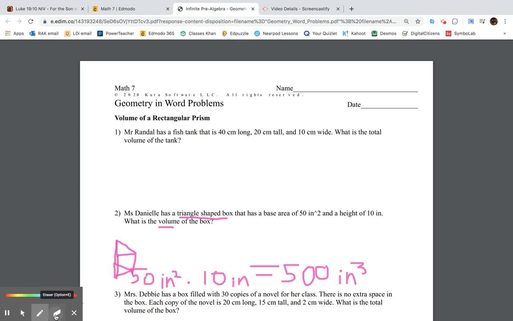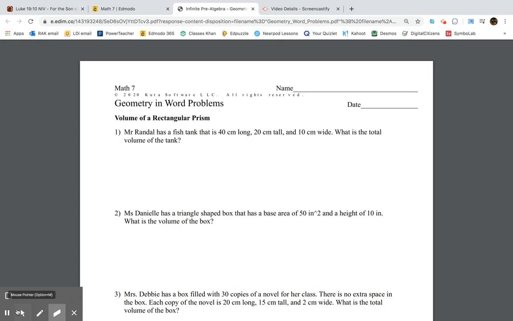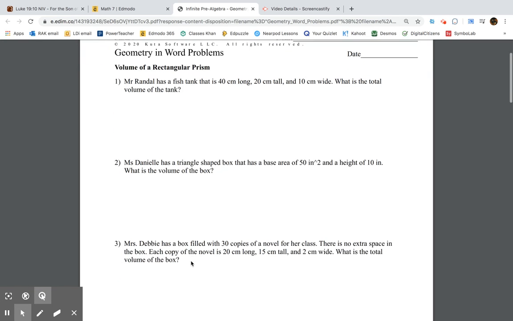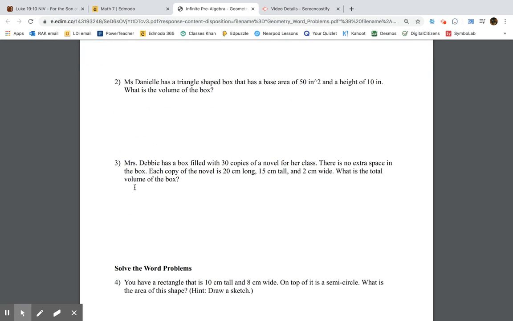All right, so let's look at some other problems. This one is your last one that's using volume. But this time, you're going to find the volume of each novel. So the volume of one novel is going to be 20 times 15 times 2.